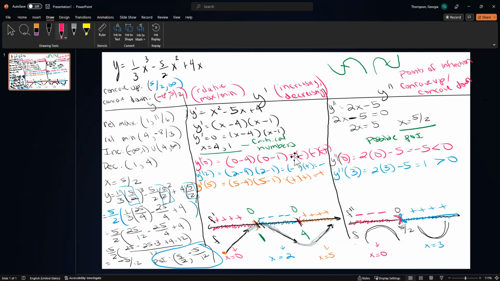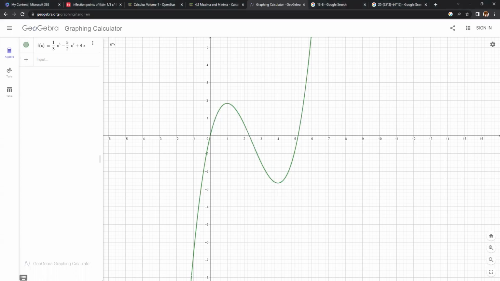So, in summary, if we look at our graph, we can see that it matches the information that we found. We found that it was increasing all the way up until we got to x equals 1, where we had a relative max, which is what we see here. And then it started decreasing until we got to x equals 4 right here, and then we got a relative min at x equals 4.